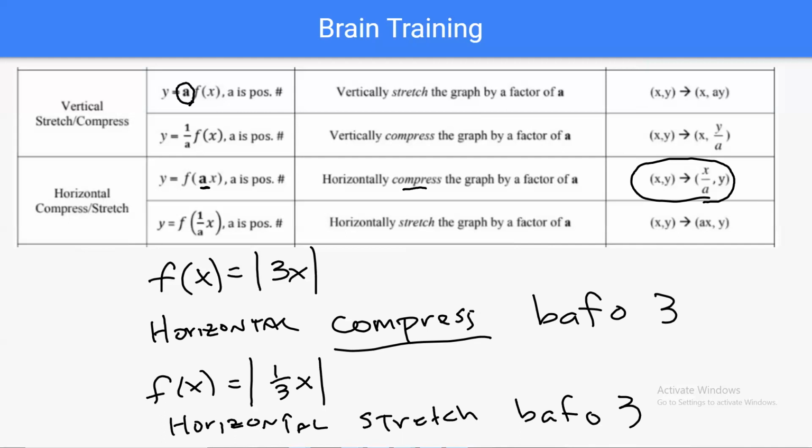Questions? Graphing wise, we'll talk about later. So just recognizing what transformation it is and how that affects the graph and how that affects the point, right?